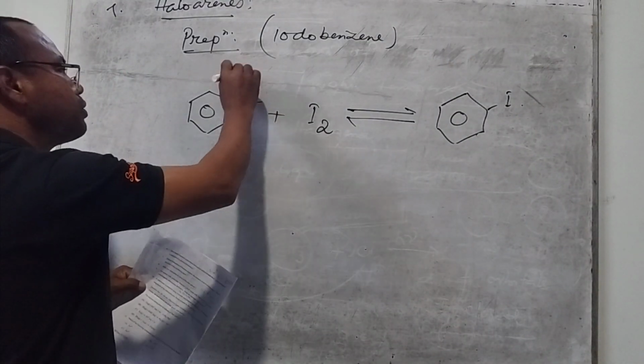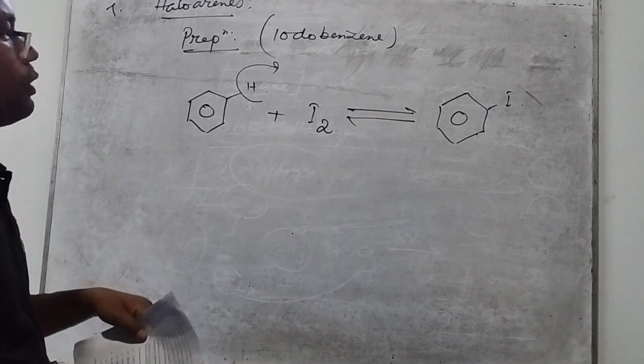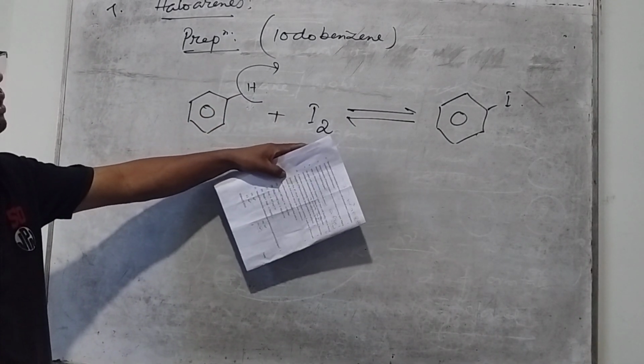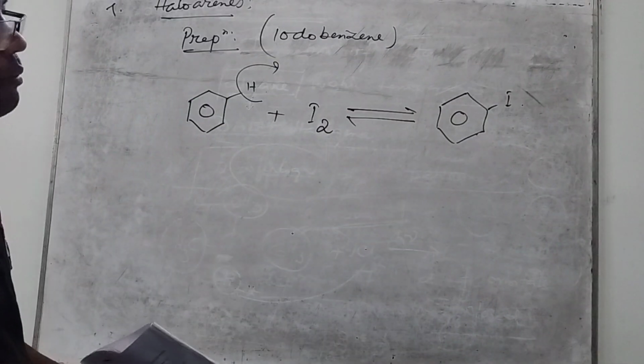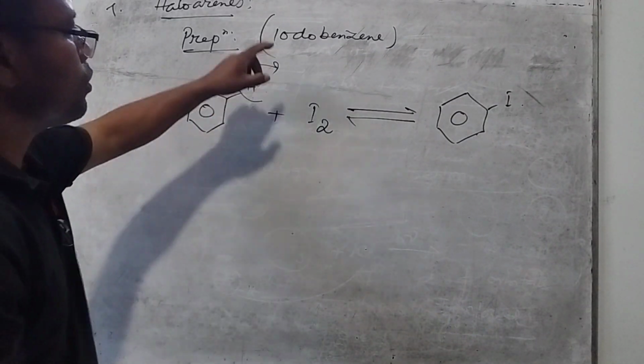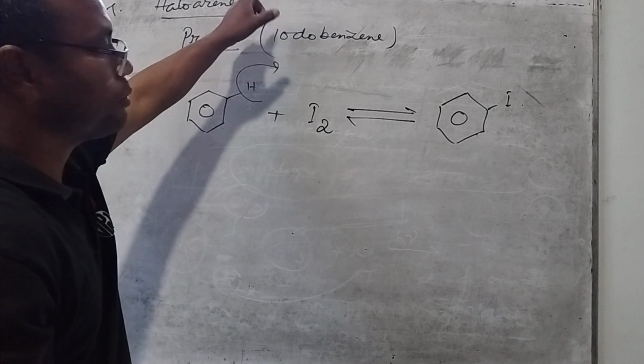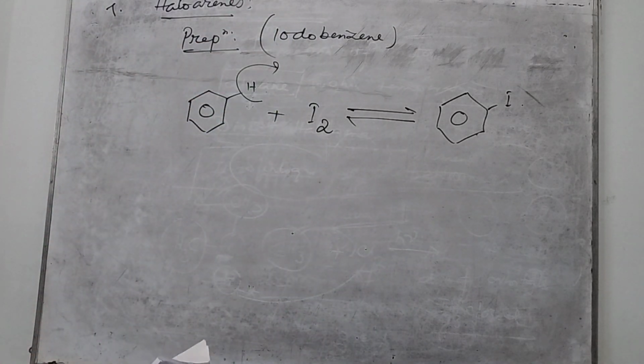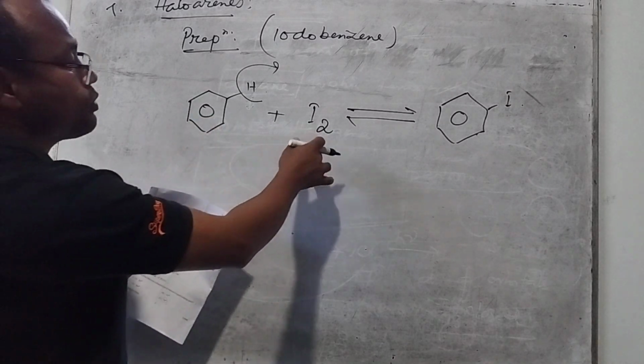So this hydrogen should be removed. So in order to remove this hydrogen by the iodine, there is a condition. But in some cases of chlorobenzene or bromobenzene, they don't use any catalyst. But in this case, they use a catalyst.